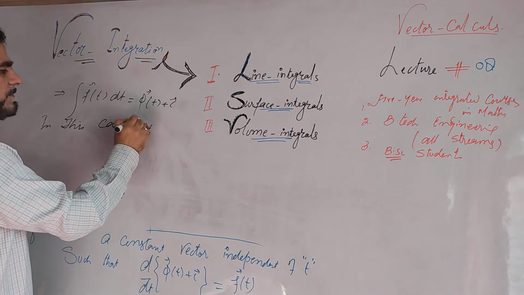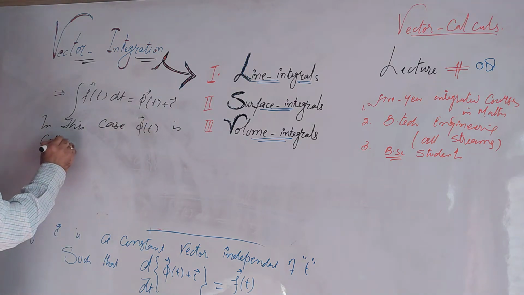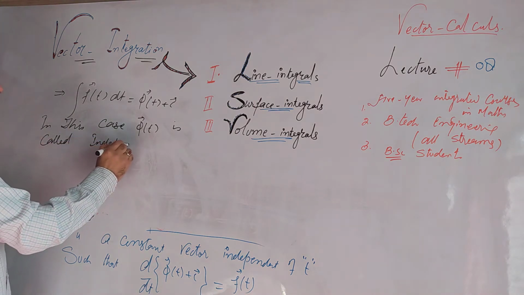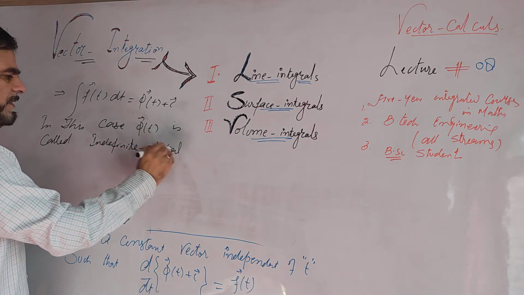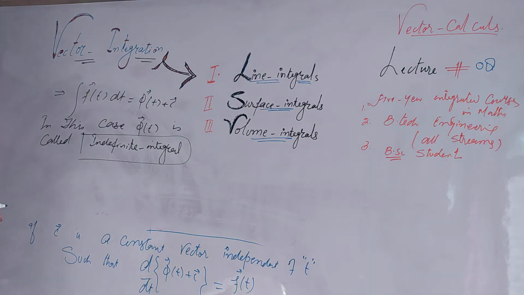In this case, phi of t plus c is called the indefinite integral, because it involves the constant of integration.